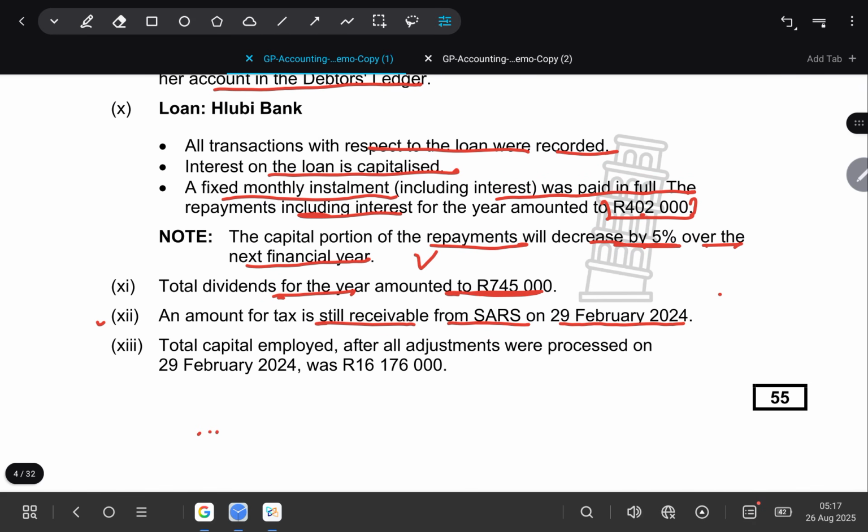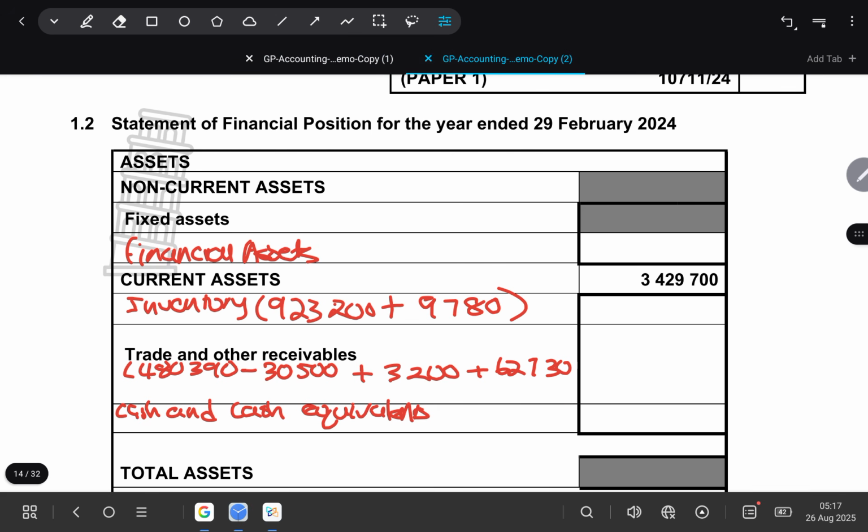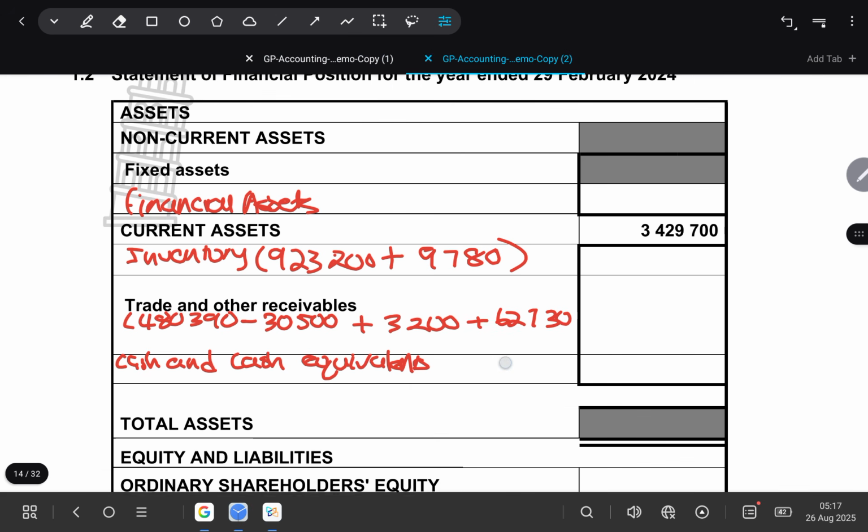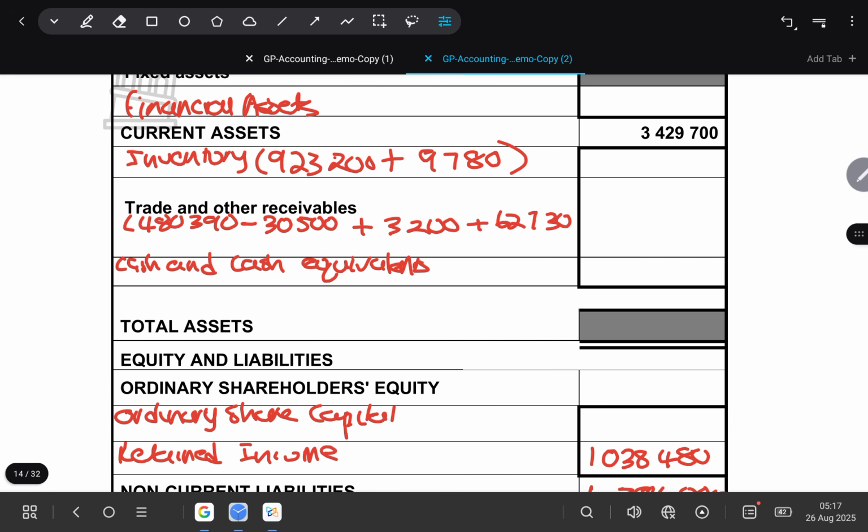So the next transaction, they're saying that total capital employed after all adjustments were processed on 29 February amounts to 16,176,000. Now remember, total capital employed is made up of shareholders' equity and long-term loan.